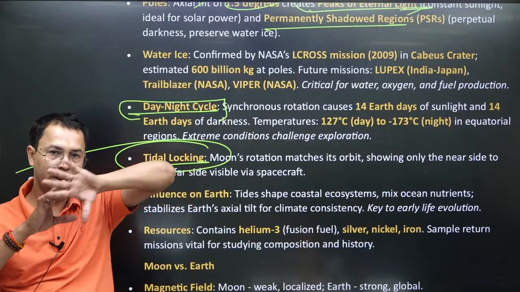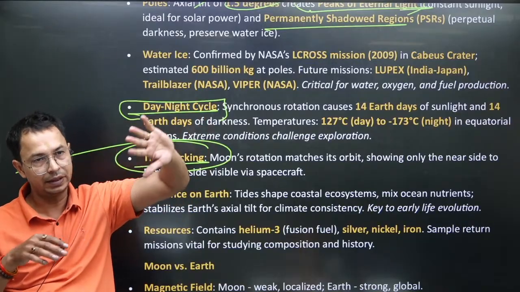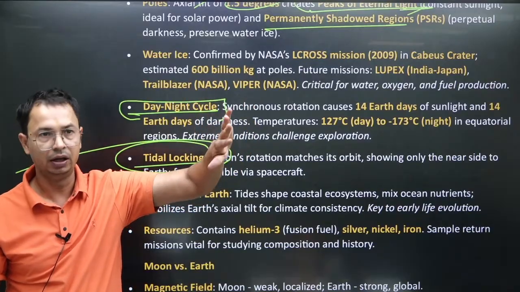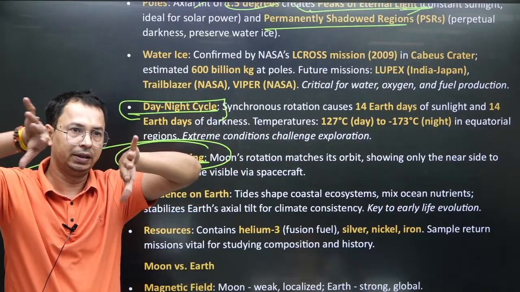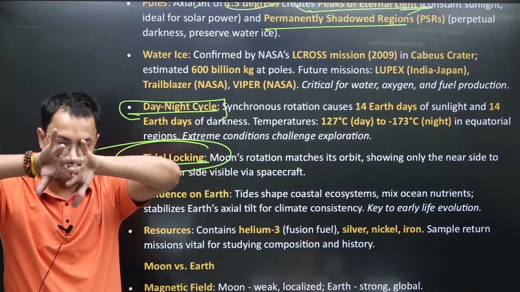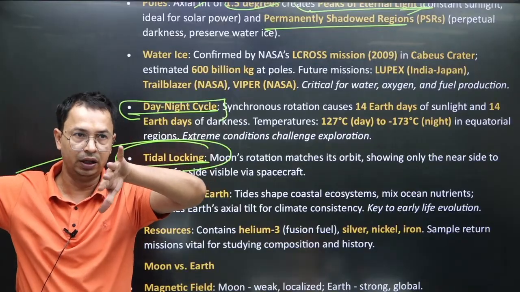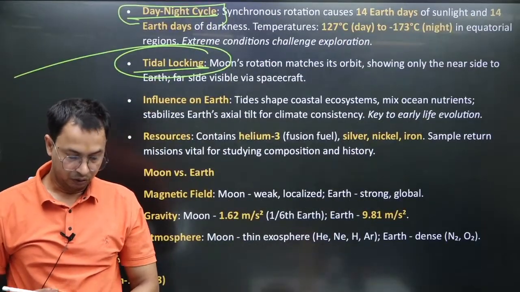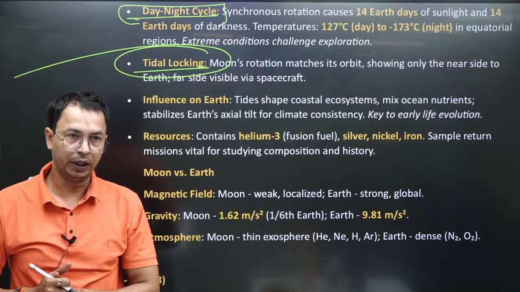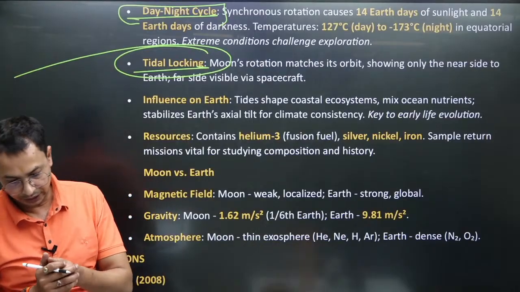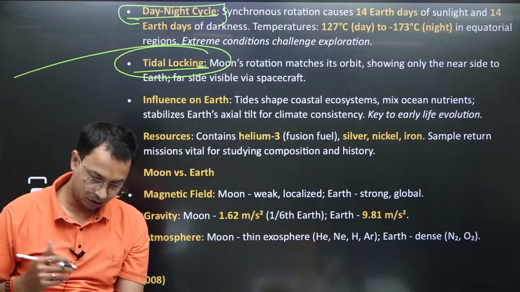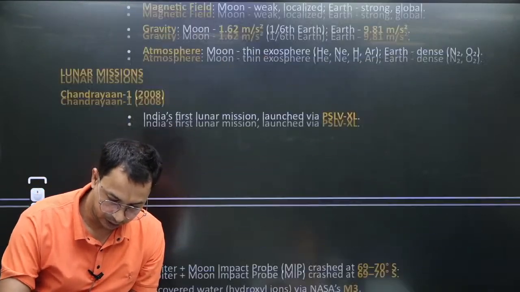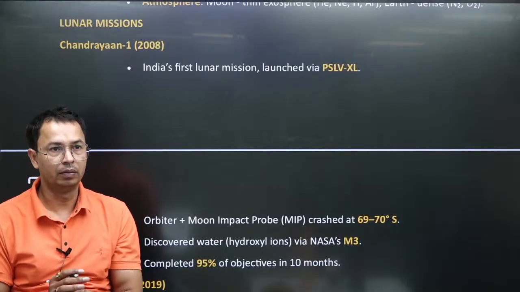We can see only one side of the moon, the side we can see, which is also known as the near side of the moon, and there is another side that is called the far side of the moon. The other side we can never see from the earth. If we want to see the other side, we have to go to space, or we have to go to the moon.